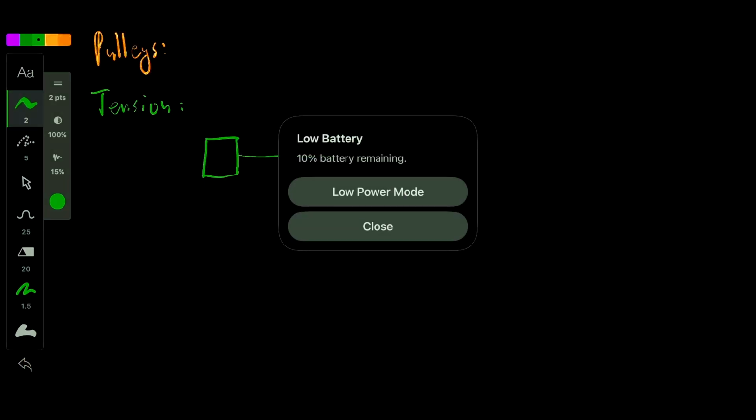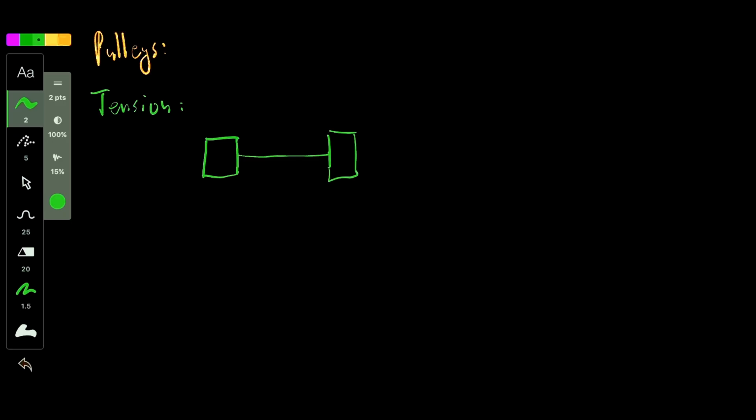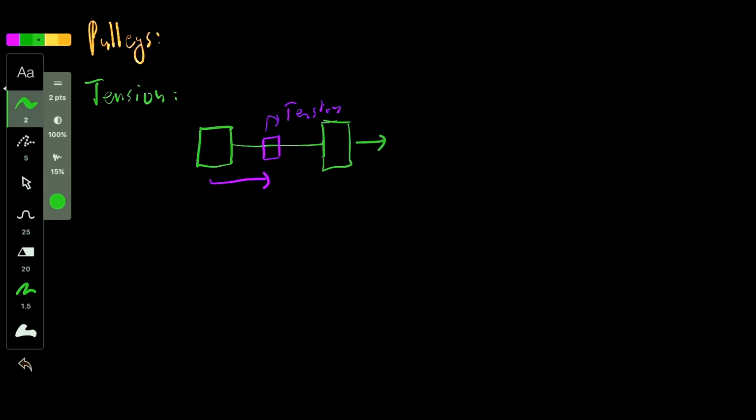Now this string connects the two blocks, and if I apply a force on one of those blocks, that force will get transferred to the string in the form of tension, and this tension will pull this other block with another acceleration. So that's essentially the basis of tension and the basis of pulleys.